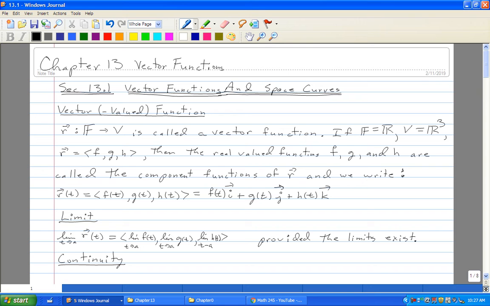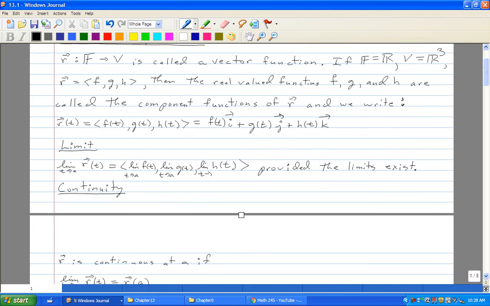And so the limit as t approaches a of r of t is the vector with components limit as t approaches a of f of t, the limit as t approaches a of g of t, and the limit as t approaches a of h of t. Provided that the limits exist, of course. Otherwise, well, the limit will not exist.